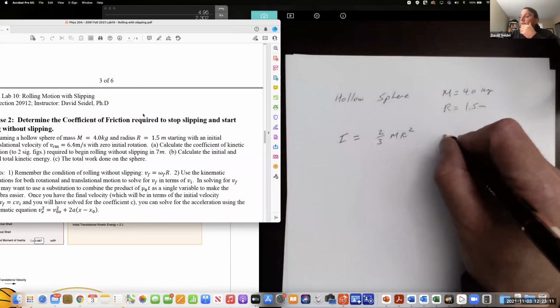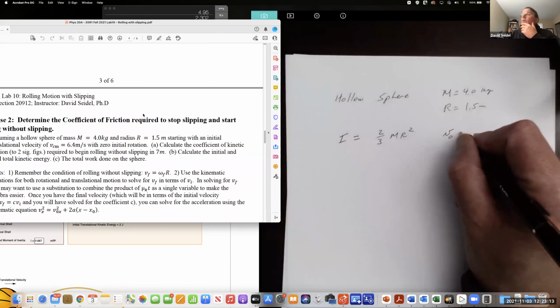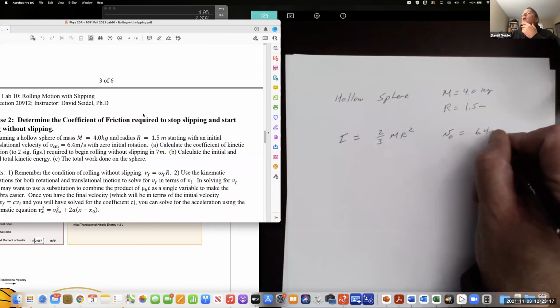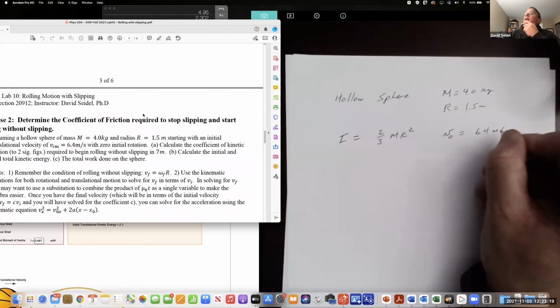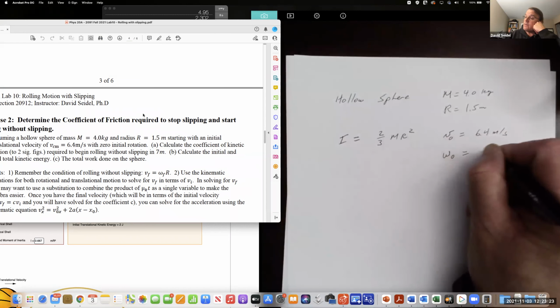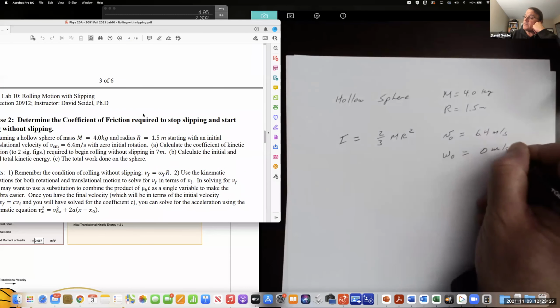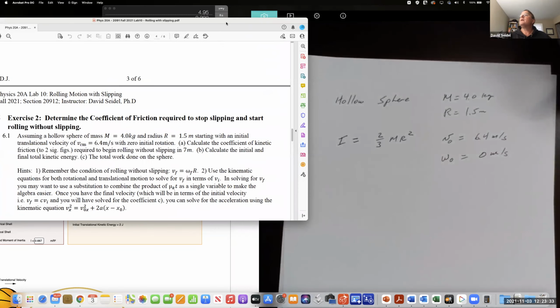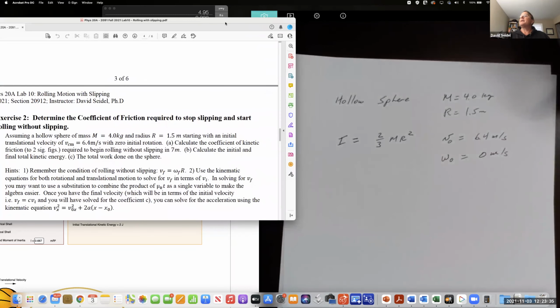We have V0 of the center of mass is 6.4 meters per second, and omega 0 equals 0. Calculate the coefficient of friction required to begin rolling without slipping in 7 meters.